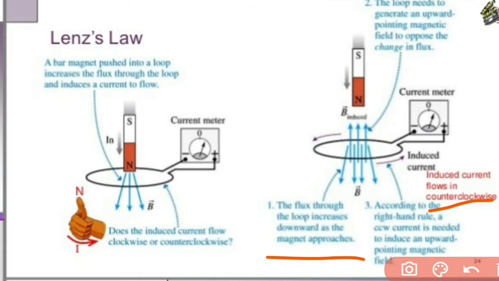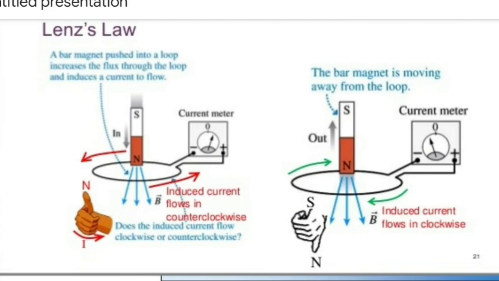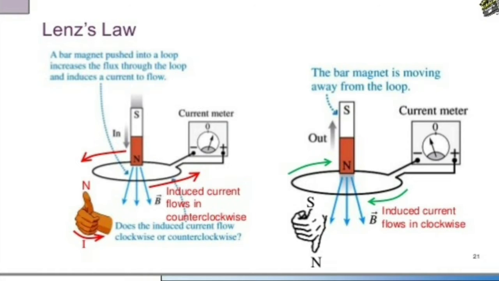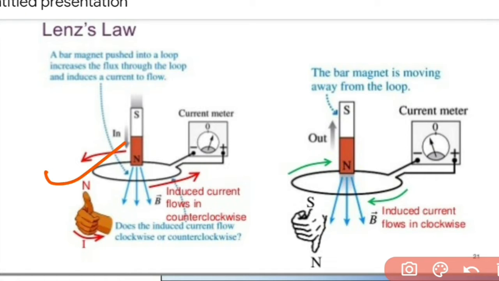Now let's discuss another example. Here the moving bar magnet is taken out. The first case is the same as we discussed earlier.